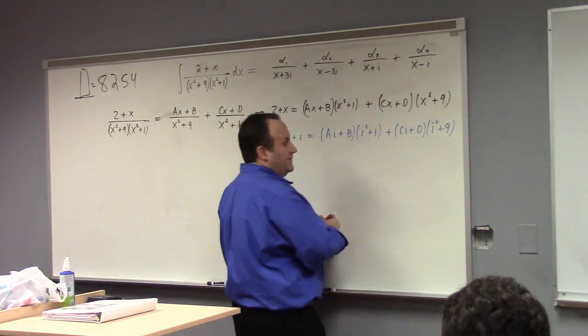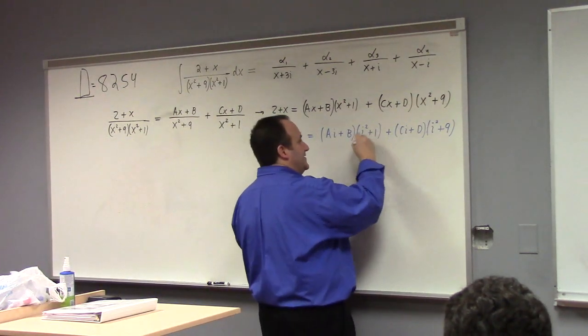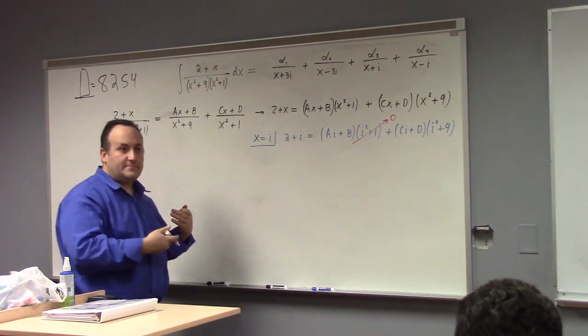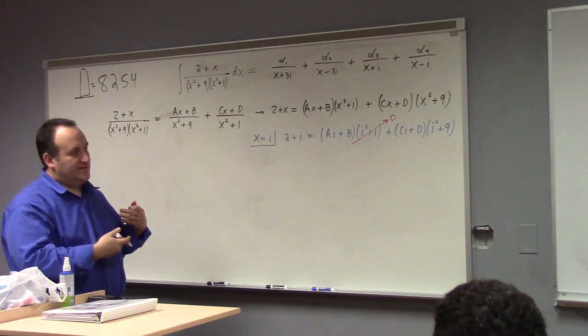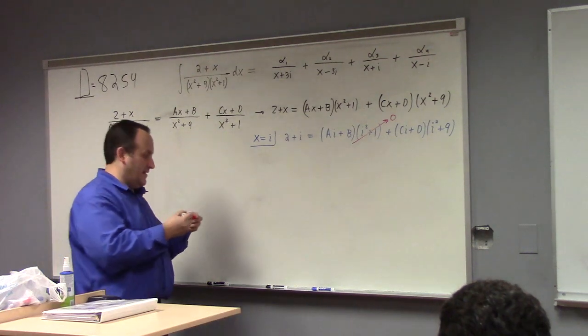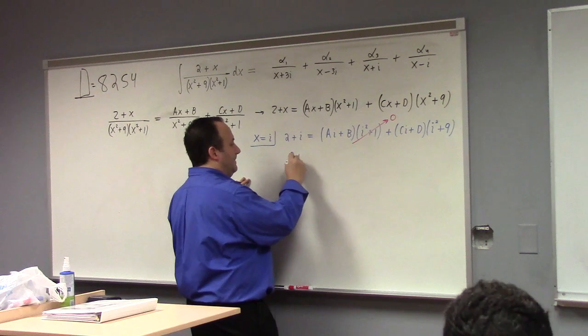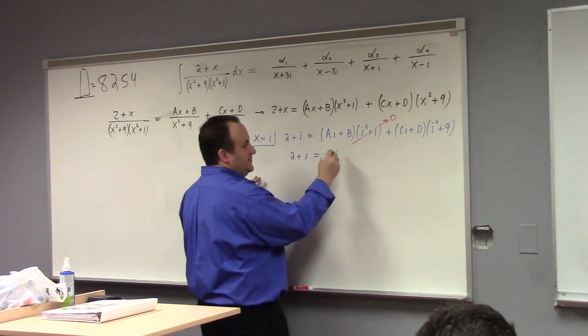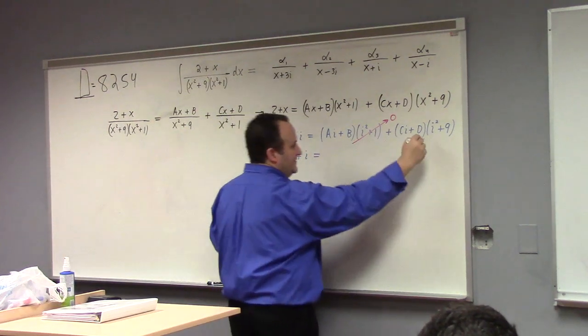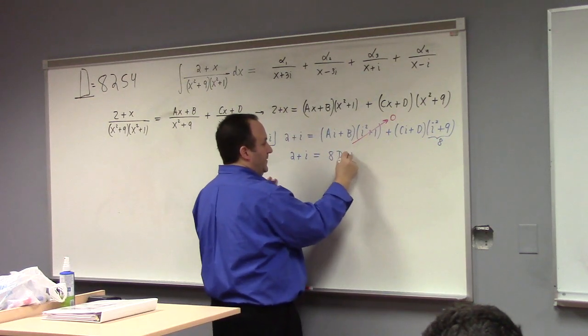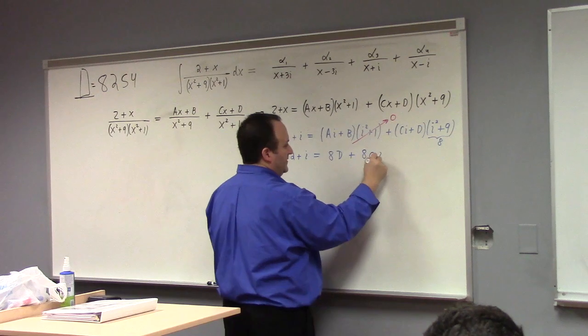Well, this is the beautiful thing about i in this problem: this is 0 because i squared is minus 1, right? What is i squared plus 9? 8, right? So we've got 2 plus i is equal to, this is 8. So that gives me 8D plus 8Ci.